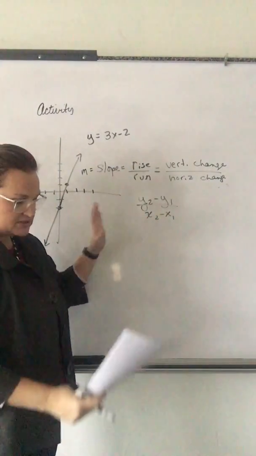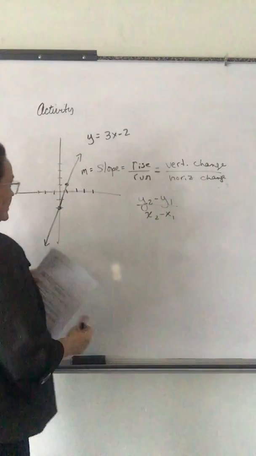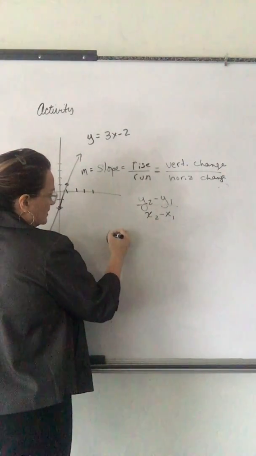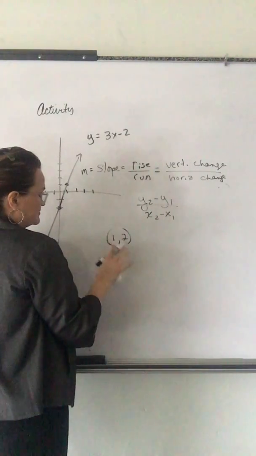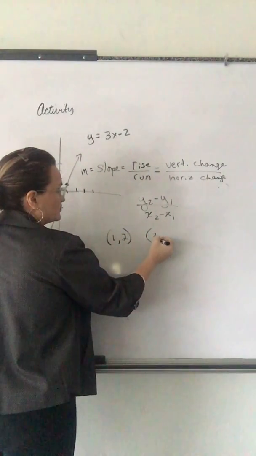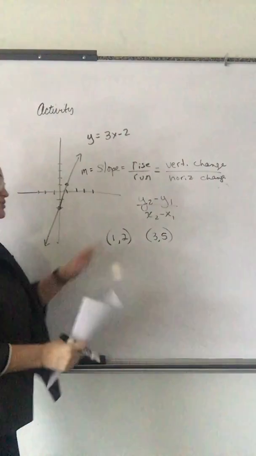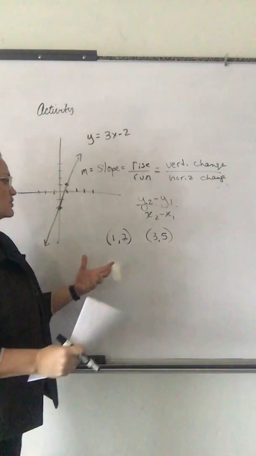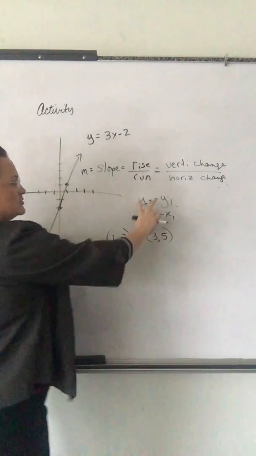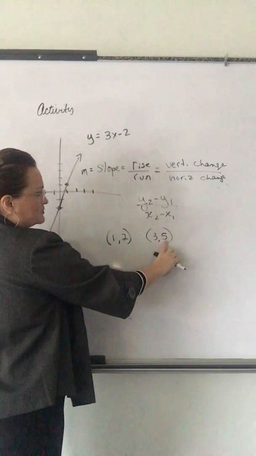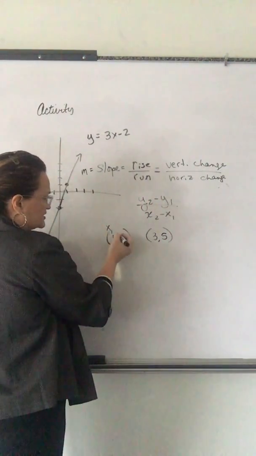So if you have 2 points given, for example, let's just do that. If I had a point 1, 2 on a line, not this line, so I'm just making up some points, and a point 3, 5. Those were 2 known points on a t-table given to you as a problem. It said find the slope between these 2 points. You would subtract the y values. So think of this as being an x1 and y1.